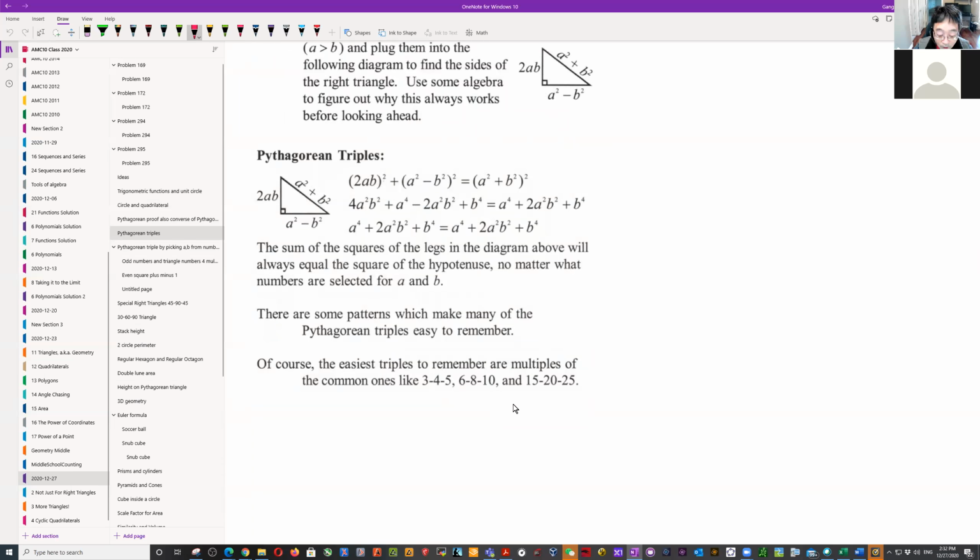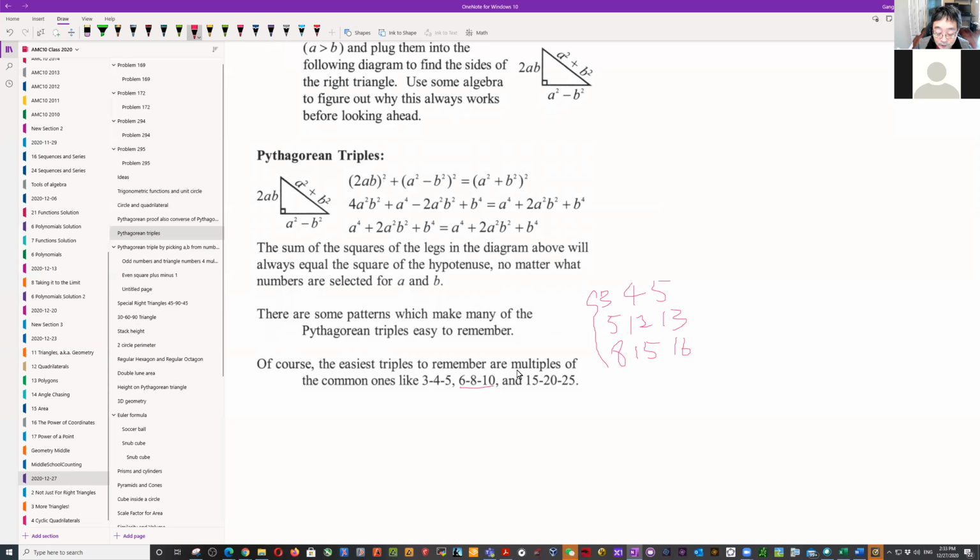On the clay plates, those are not just scaling up, those are unique ones, like 3, 4, 5, 5, 12, 13, and 8, 15, 17, and all those. So people 4000 years ago already knew dozens of primitive Pythagorean triples, not just scaling up of 6, 8, 10 or 15, 20, 25.